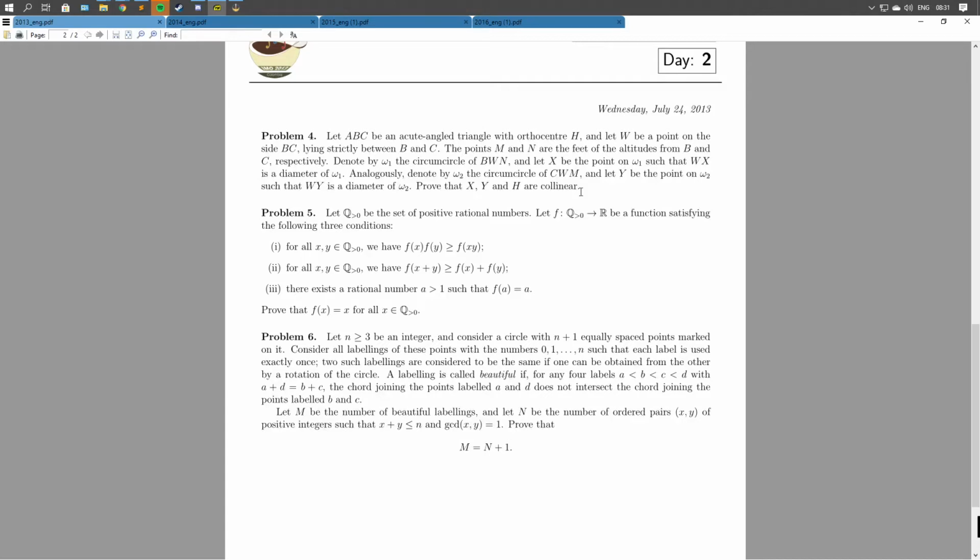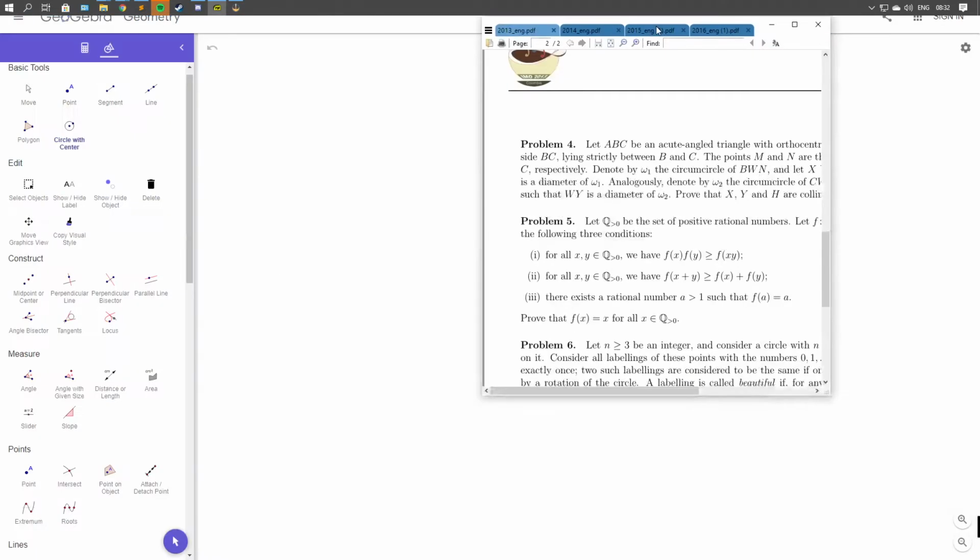Omega 1 is the circumcircle of BWN, and omega 2 is the circumcircle of CWM. We define points X and Y on omega 1 and omega 2 respectively, such that WX is the diameter of omega 1 and WY is the diameter of omega 2, and the idea is to show that X, Y and H are collinear.